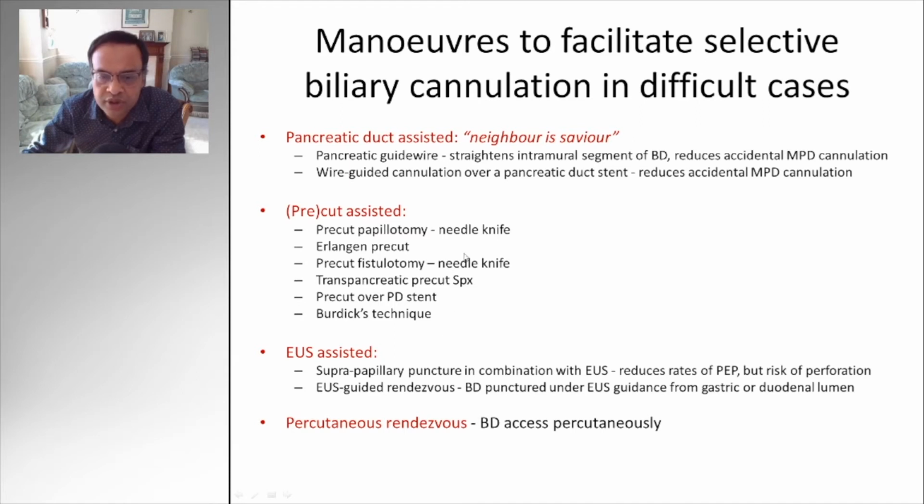And again, I will discuss all of these 6 techniques in a few minutes. However, I will not be discussing EUS assisted techniques such as suprapapillary puncture in combination with EUS and EUS guided rendezvous methods. Neither will I be discussing traditional percutaneous rendezvous techniques.